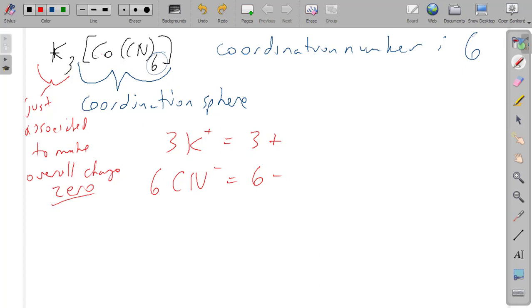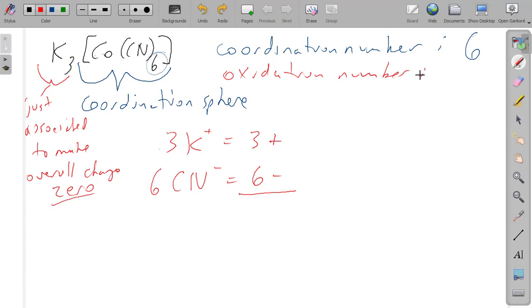The potassiums are always 1 plus, and there's 3 of them, so there's overall 3 positives. Cyanide is always 1 minus, and there's 6 of those. The difference in these charges is going to be the charge on the cobalt. And remember, it should always be plus. The metals themselves have to have a positive charge or 0, because it could be an oxidation number of 0.